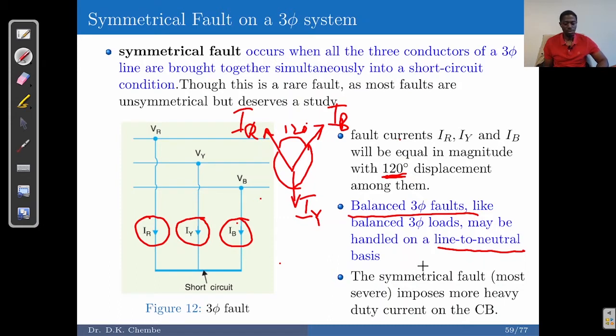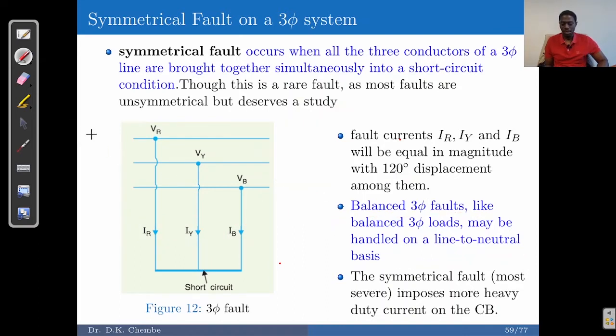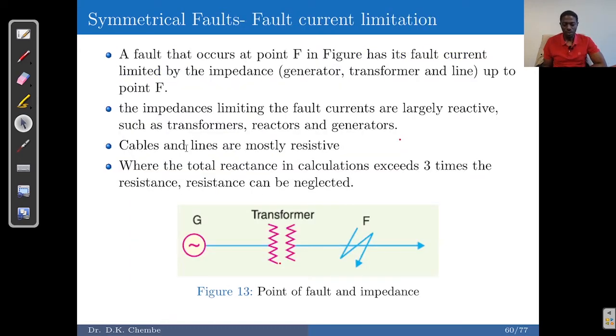So we can use what we call the per phase analysis, and this can work out for our calculations. Symmetrical faults are the most severe faults that can occur on a system, but it is a rare fault. What limits the fault in this case is what we need to understand.